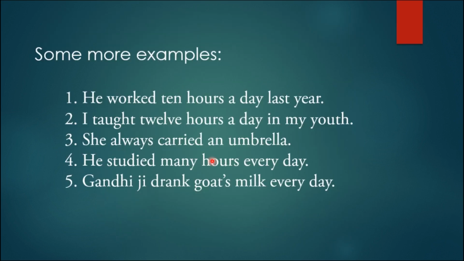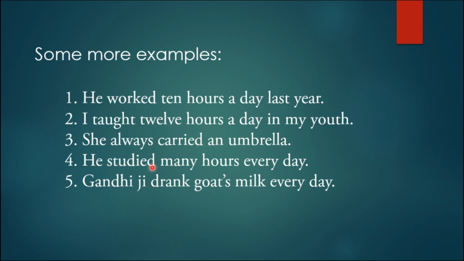Good. Let me give some more examples. He worked 10 hours a day last year. It means now he doesn't work 10 hours a day. Second example. I taught 12 hours a day in my youth. It means now I am not teaching 12 hours a day. She always carried an umbrella. Not now.